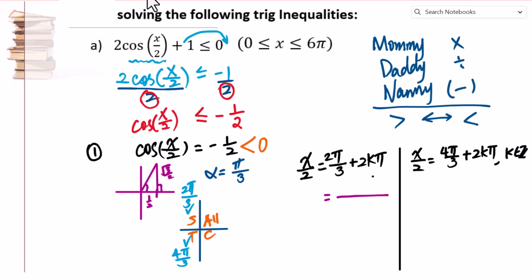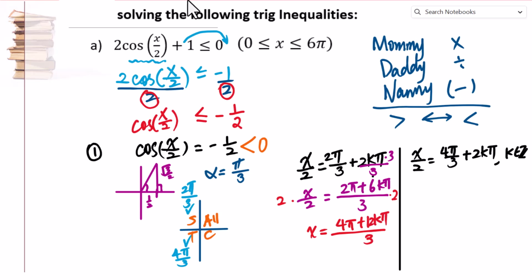Get the same denominator: x over 2 equals 2 pi plus 6k pi over 3. Then we times 2 on both sides: x equals 4 pi plus 12k pi over 3.